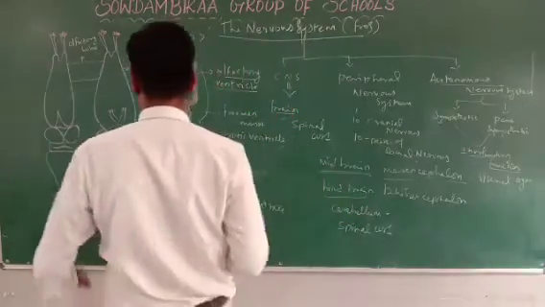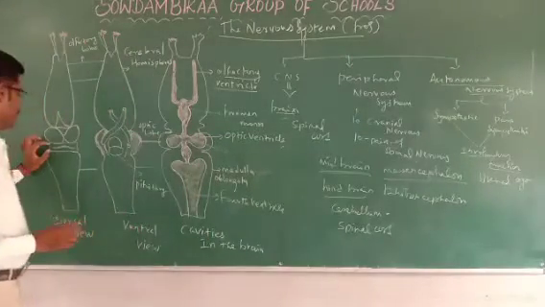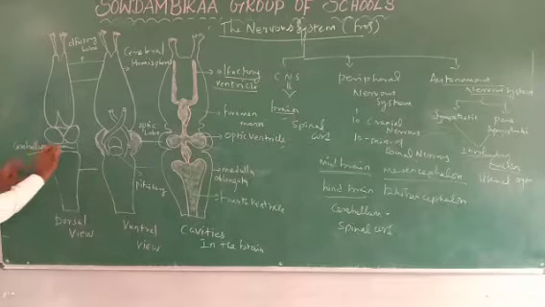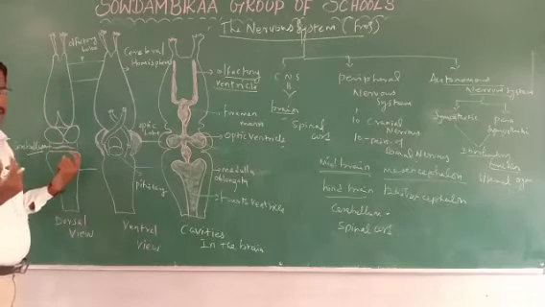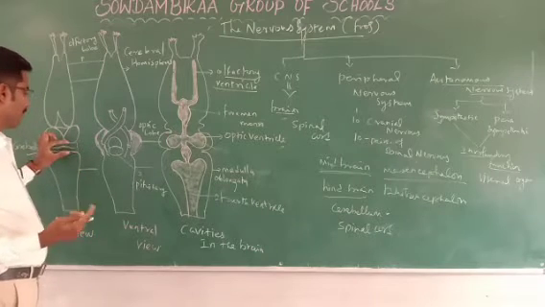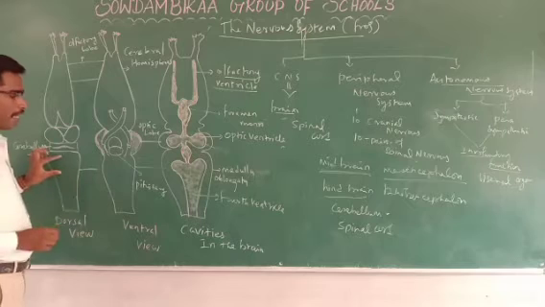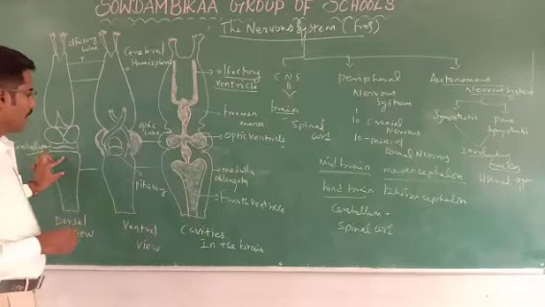The cerebellum has a transverse band-like appearance, followed by the medulla oblongata.